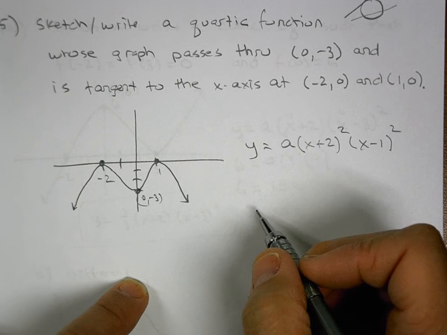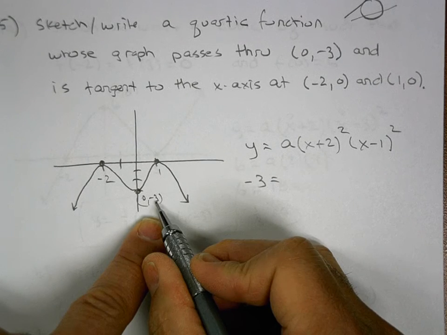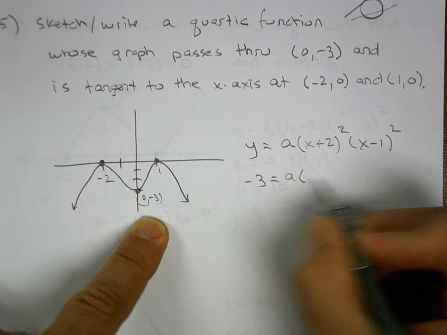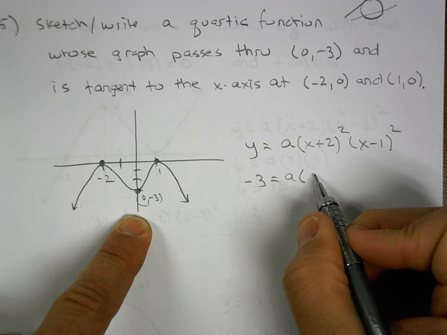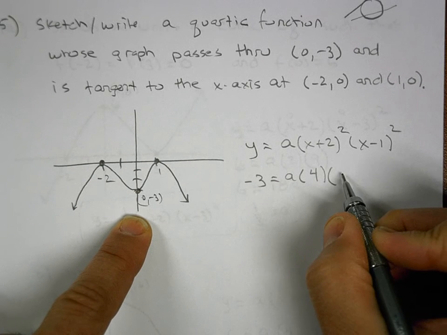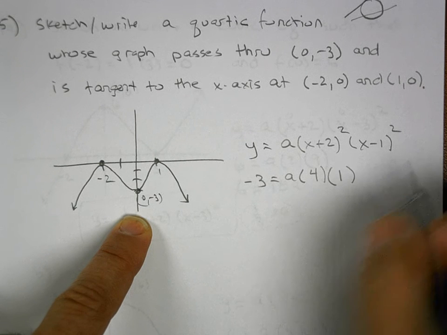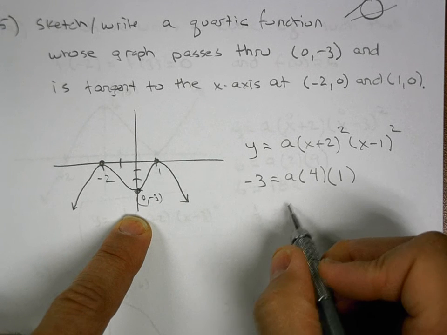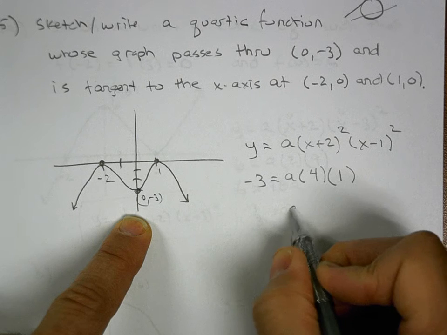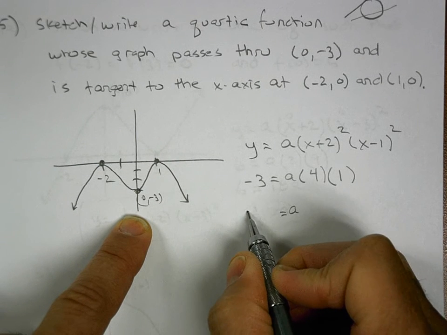So -3 is your Y. A times x is 0. So what do we have? 4 times 1, because negative 1 squared. So divide by 4. So what is A? Negative 3 over 4. Negative 3 fourths.